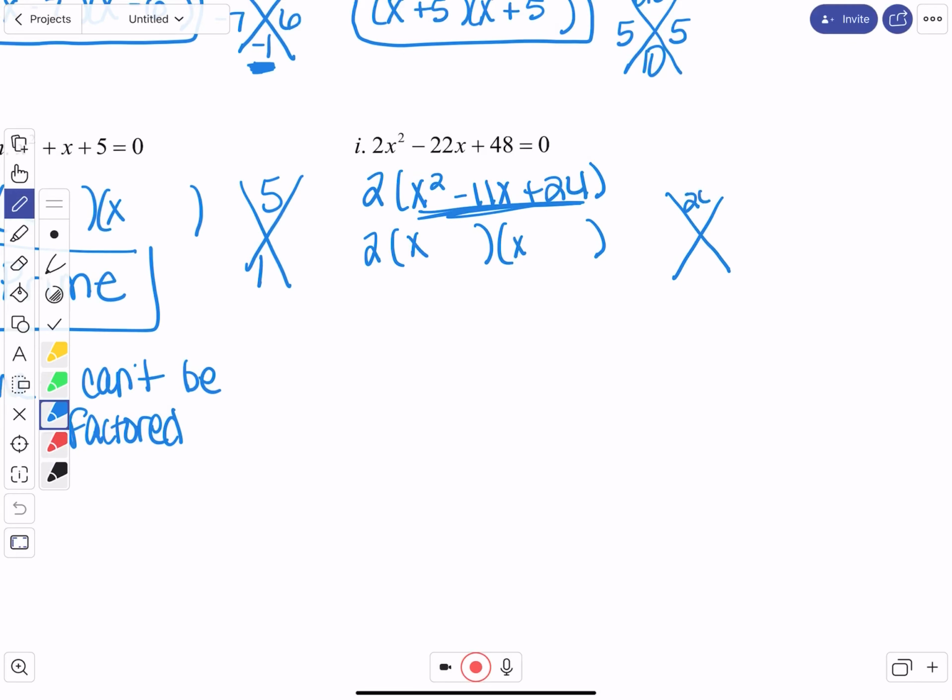So I'm going to put the 24 up top and the negative 11 here. Since this 24 is positive, that means my two numbers have to have the same sign. And since this is negative, they are both negative. So two numbers that multiply to be 24 and add to be negative 11 are negative 8 and negative 3. So negative 8, negative 3. And that is my final answer.